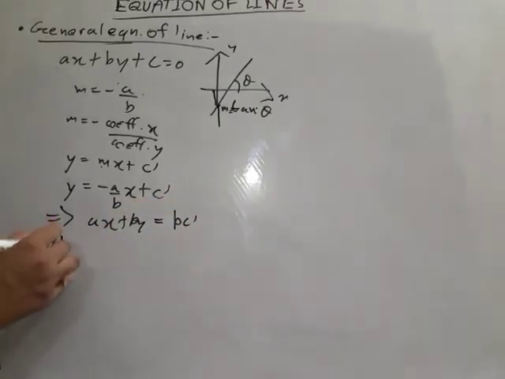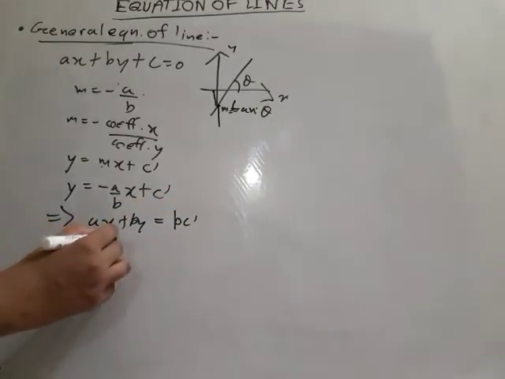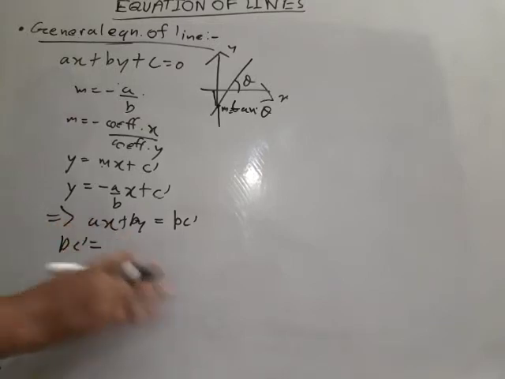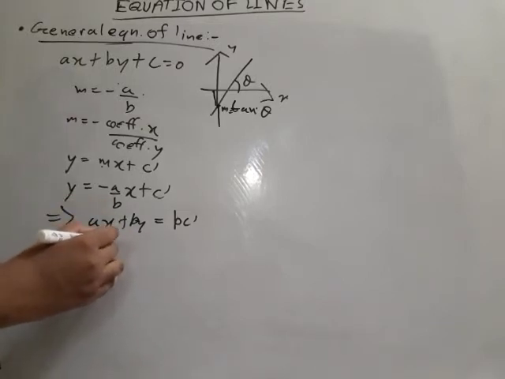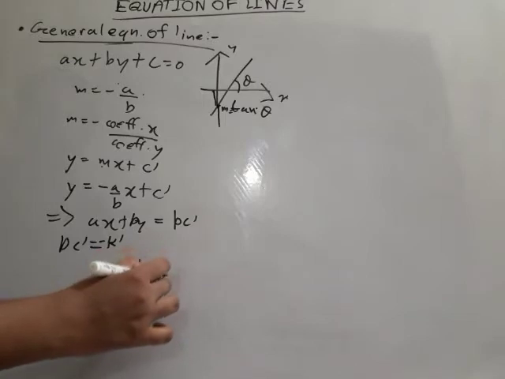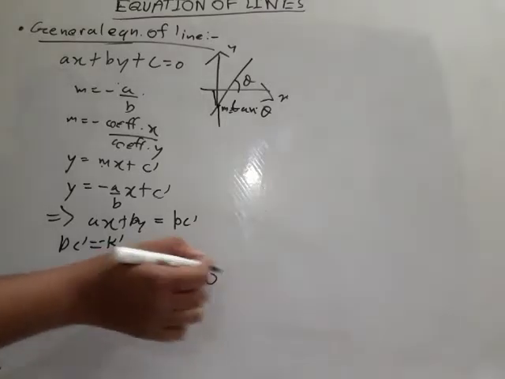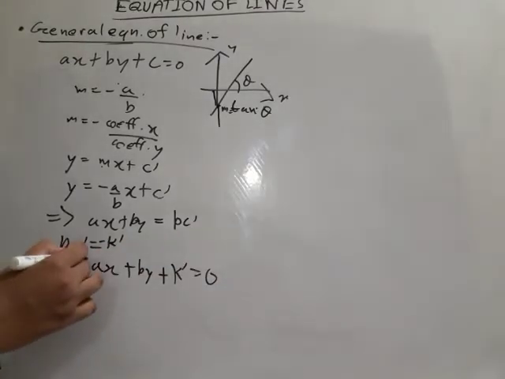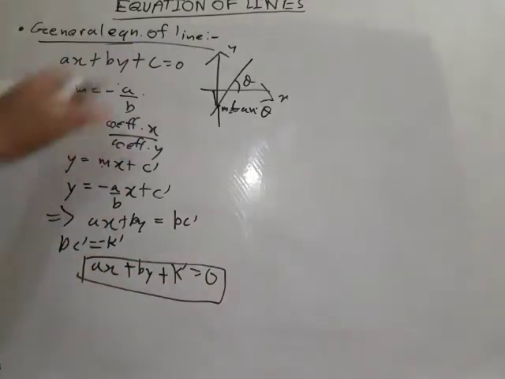Now let us take b c dashed to be any constant, let it be k dashed. So ax plus by plus k dashed equal to 0. This is the line parallel to this line.